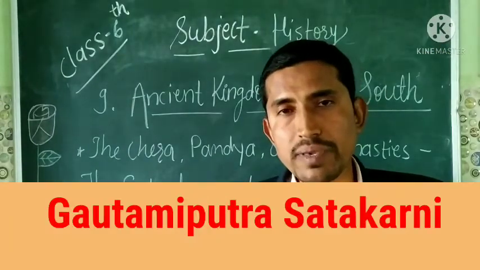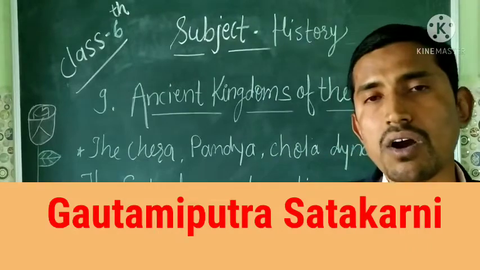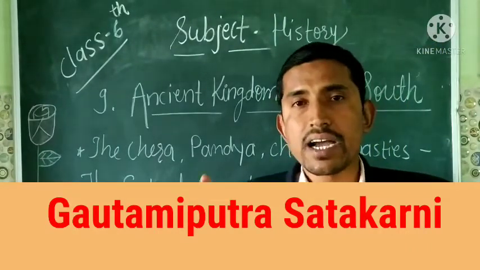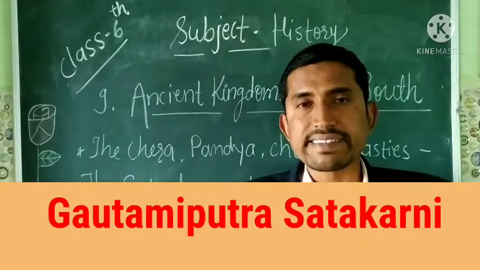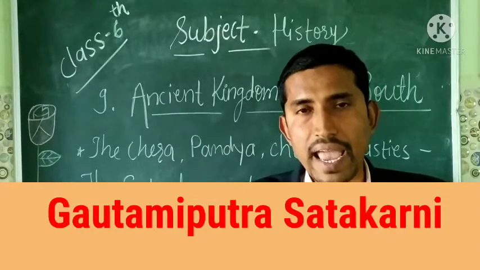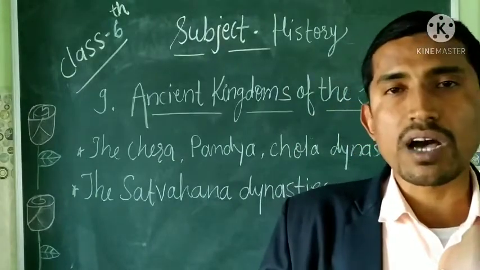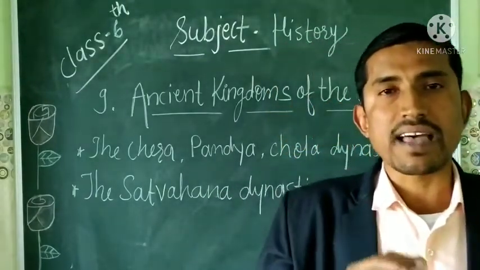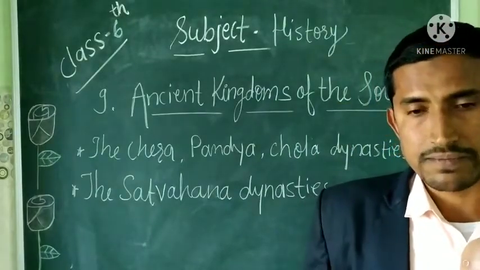Here Gautami is the name of the mother of King Satkarni, so that's why he was written as Gautami Putra Satkarni. King Satkarni was one of the famous and important rulers of the Satvahana dynasty.